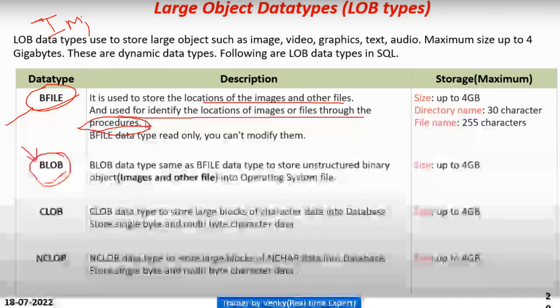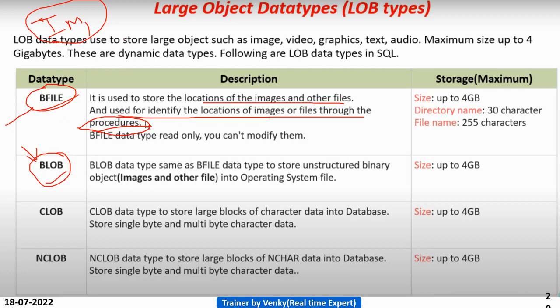How do you implement this scenario? What data types do you use, guys? I need to store the image and signature. What data types do we use to store the image and other files except character data? For character data, we use CLOB.